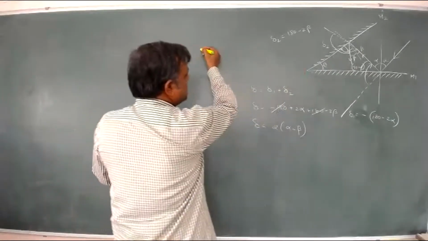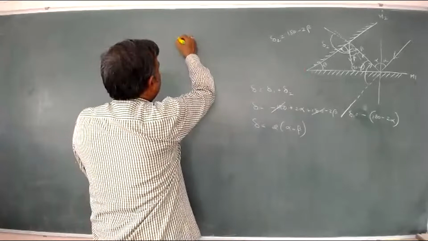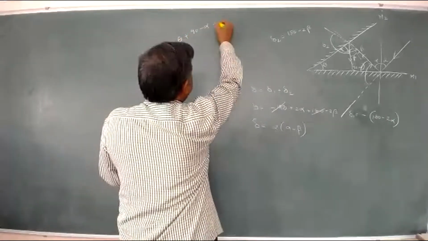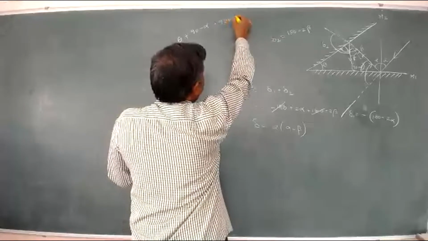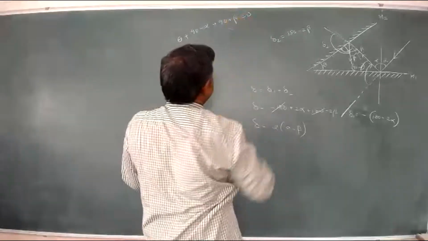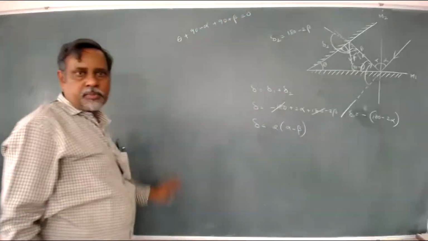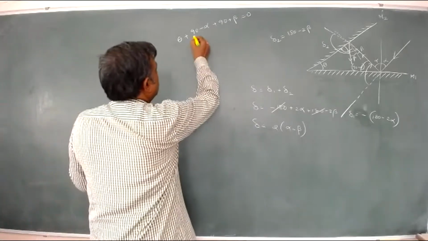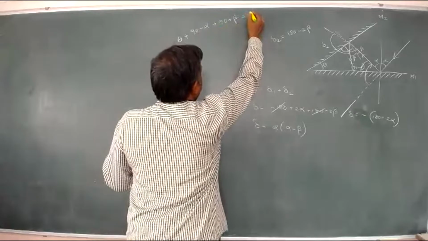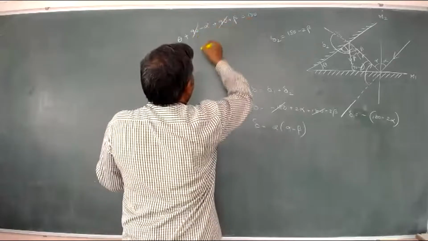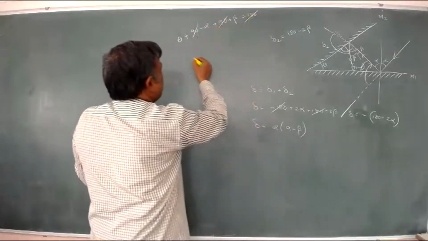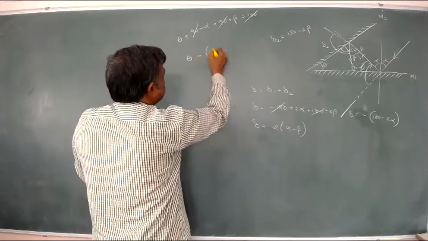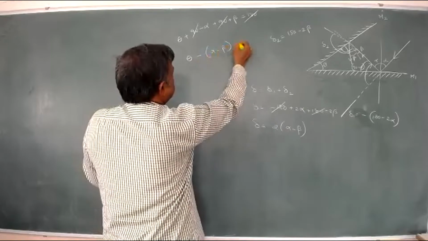By the angle sum property, theta plus 90 minus alpha plus 90 plus beta is equal to 180. Are you clear with this? So theta minus alpha plus beta is equal to 0.